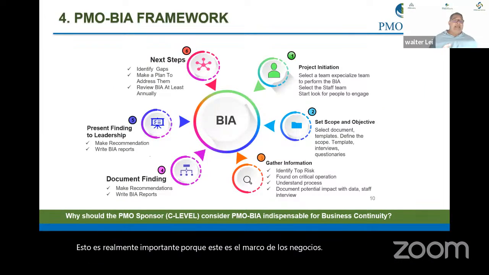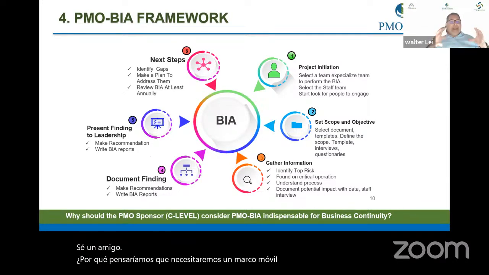And that's our PMO-BIA framework. Why do we think we need a PMO-BIA framework? Well, because we need to understand that BIA is really important.